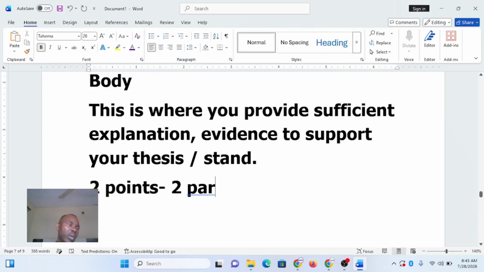I think what I will do, in the spirit of helping you strongly, is analyze both the opinion question type and the discussion, and then maybe I may just do the introduction for one of them. But once I analyze it, the remaining thing is just putting the pieces together. So that will be in the next class.